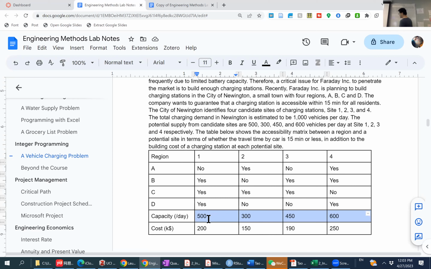It equals, let's see, now here these coefficients are going to be helpful, to x1 plus 150 times x2 plus 190 times x3 plus 250 times x4 to represent the total cost.